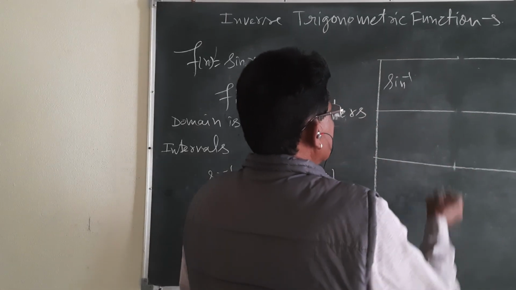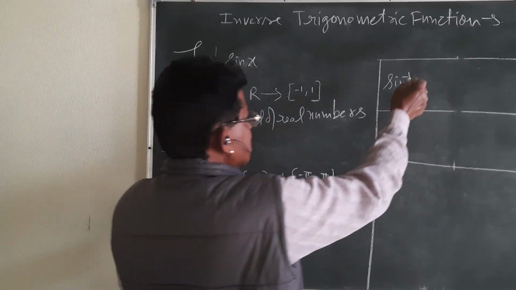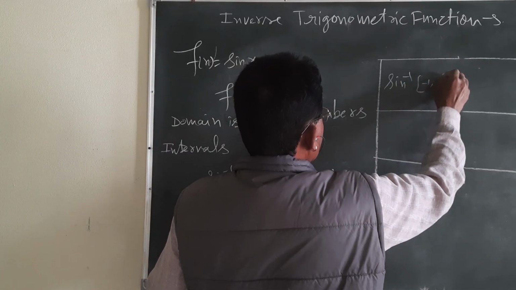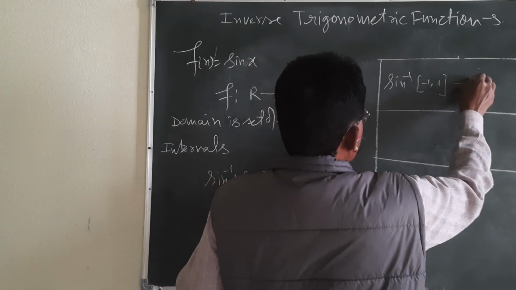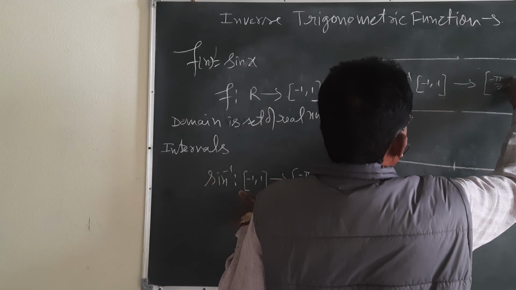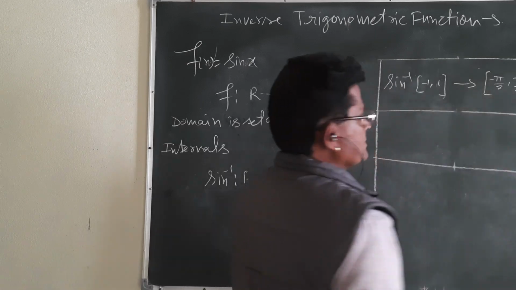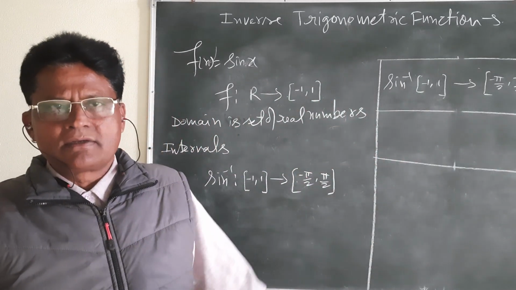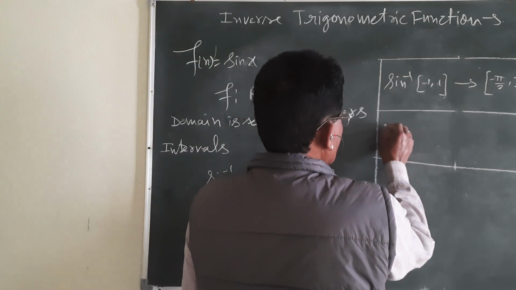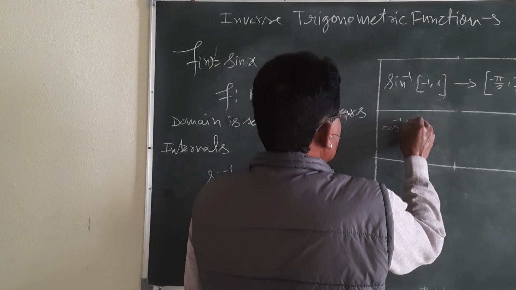In case of sine inverse, I told you its domain is minus 1 to 1, but its range will be from minus pi by 2 to pi by 2, which is the principal branch in case of sine. Similarly for cos inverse, the same domain minus 1 to 1 you will take.